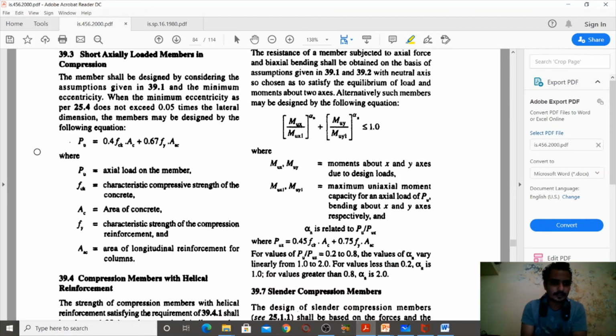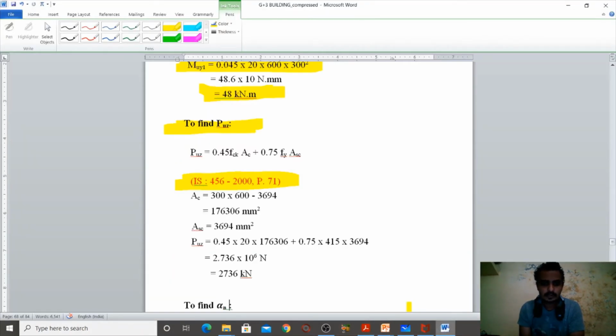Here is the equation: 0.4 FCK ASC plus 0.65 FY ASC, where ASC means area of concrete.